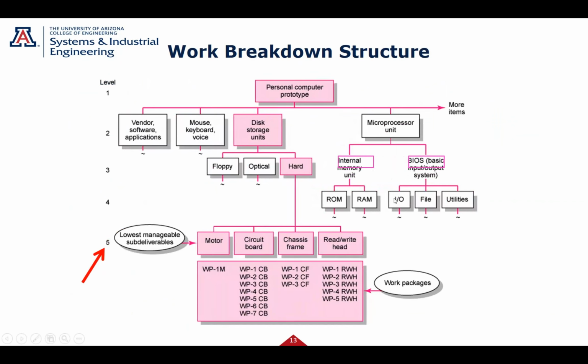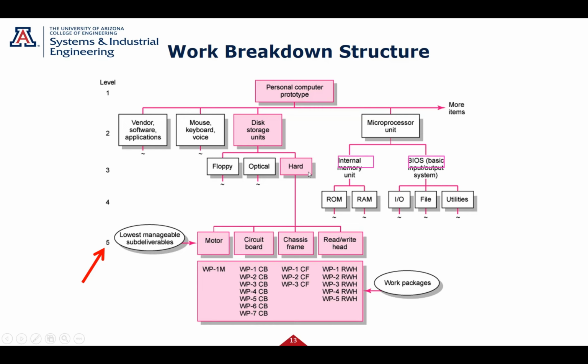Okay, so here's a work breakdown structure, and the book had used this example. Here's a personal computer. It might have keyboard, mouse, disk storage, software, the microprocessor, and so forth. Okay, so now let's break down the disk storage. This is really old because it says floppy. We don't do that anymore, but let's say you had a floppy drive, call that USB now, optical, and a hard drive.